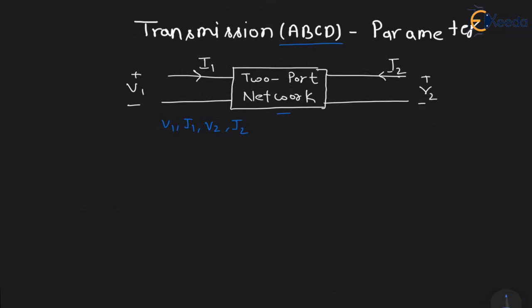So for transmission parameter, V1 and I1 will be dependent and V2 and I2 will be independent.